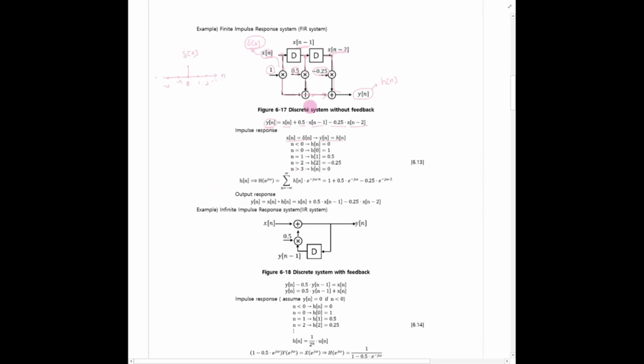Okay, so I can express this in this way. At this moment we are taking the x[n] input as an impulse, so we can rewrite this equation this way.